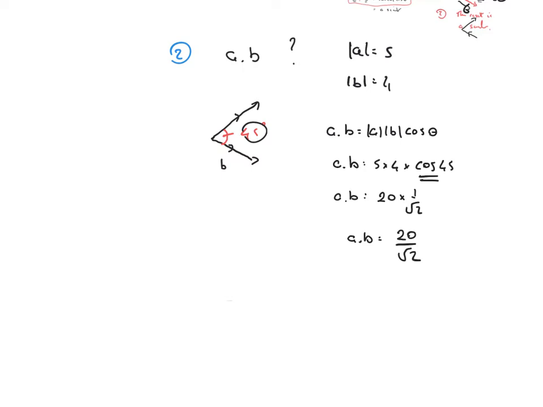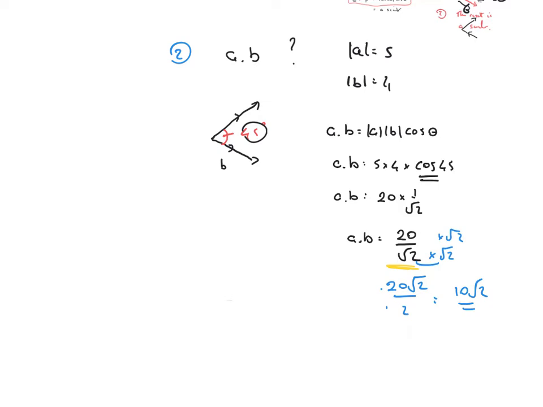Now what we could do at that point is rationalise the denominator, which will give me 20 root 2 over root 2 times root 2, which is 2, and then 20 over 2 is 10 root 2. I would definitely rationalise the denominator at that point because that is a good method for simplifying the result.